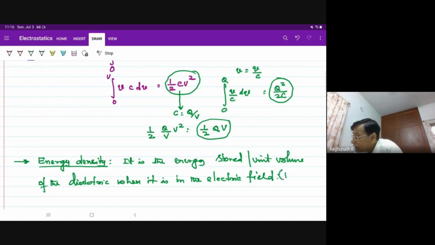Of intensity E in general at any point. Stored per unit volume at any point, I'll say. And I understand the implications of this definition, right? In the complete volume, E will not be fixed. At each and every point, different E will be there in general. So per unit volume is delta E by delta V. Delta E is the energy stored.